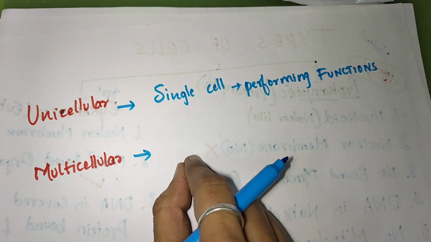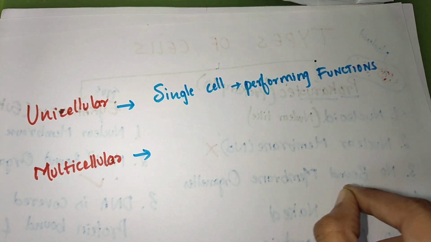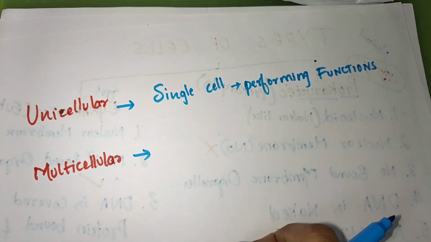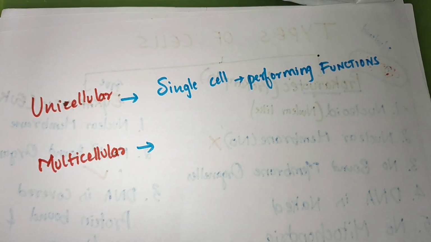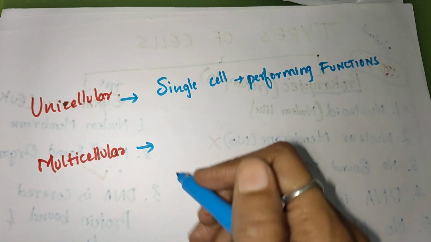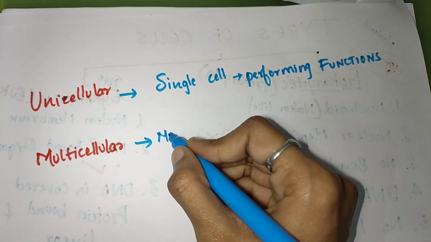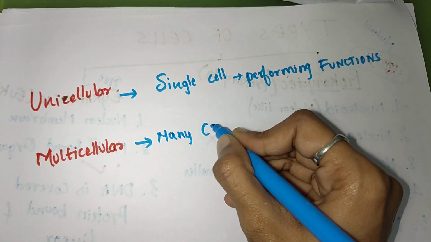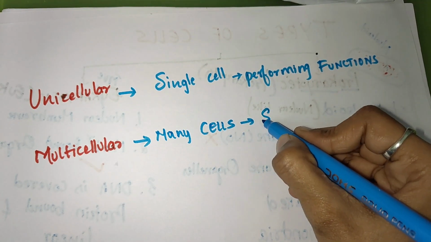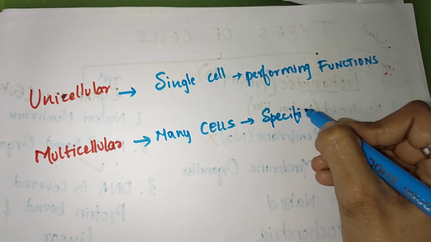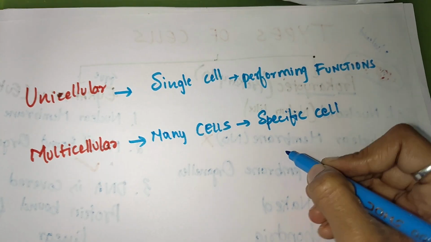ये एक सेल के पास कैपेबिलिटी है कि वो डाइजेशन करे, अब्जॉर्प्शन करे, एक्सक्रीशन करे. एवरीथिंग विल गोइंग टू बी हैंडल्ड बाय just one cell. We call that cell as unicellular. But when it comes to multicellular, there are multiple cells. Every specific cell has a specific function.